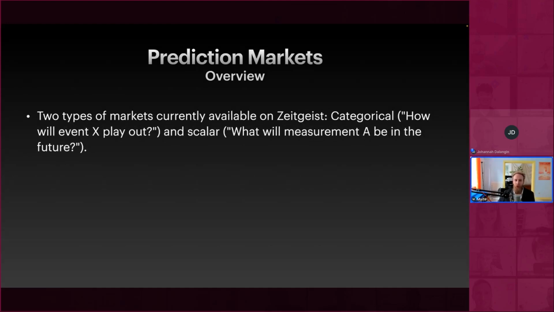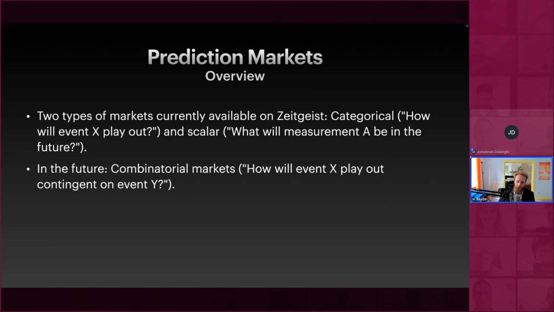And in the future, there will be a third type of market, called a combinatorial market, which allows you to bet on questions like how a certain event will play out contingent on another event. So if Y happens, how likely is it that X happens? These are currently in development.